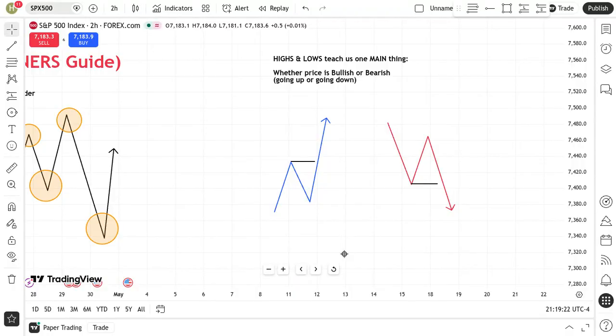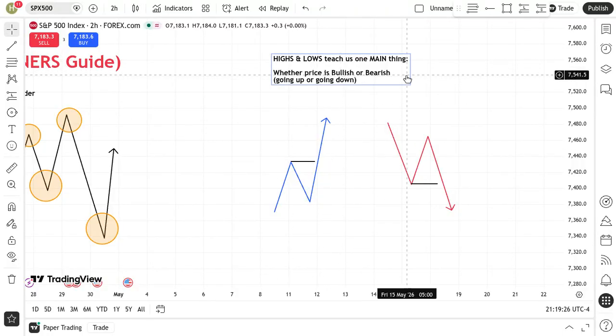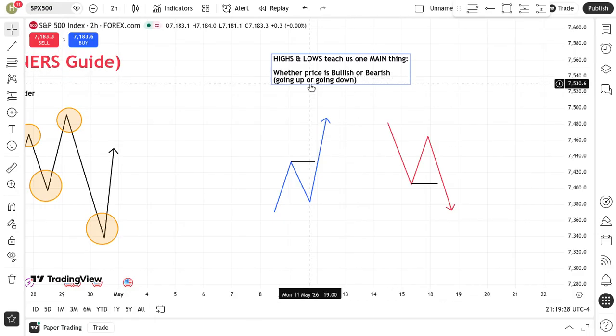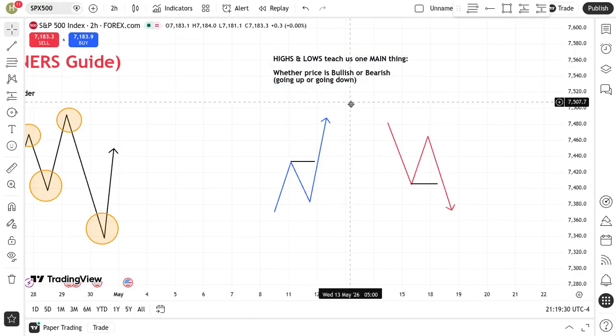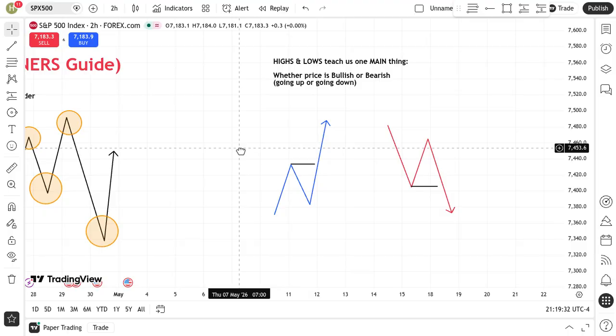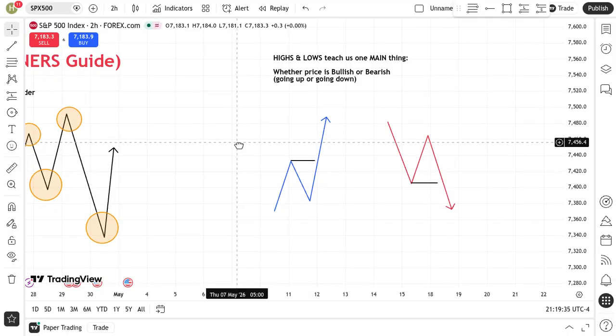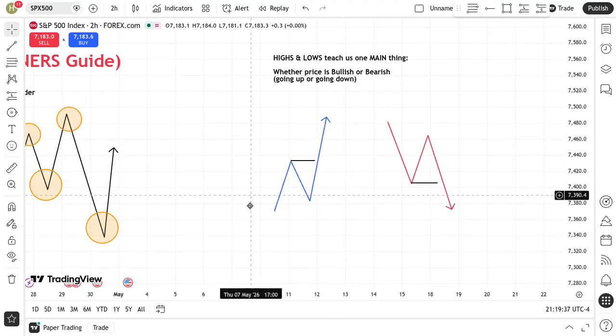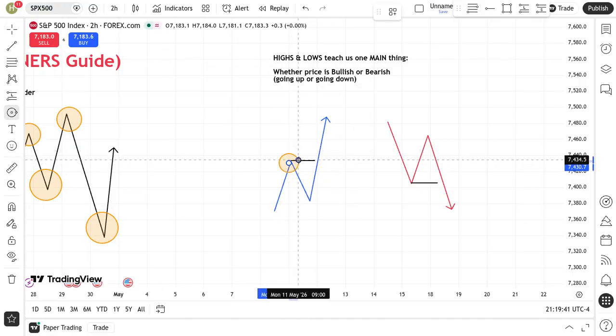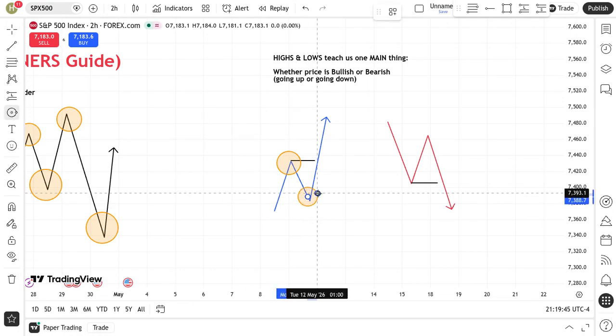So highs and lows teach us one main thing, whether price is bullish or bearish. Bullish means it's going up. Bearish means it's going down. So how do highs and lows teach us whether price is bullish or bearish? Well, if you look at this example right here, we see that we have a high here. Now we have a low here.